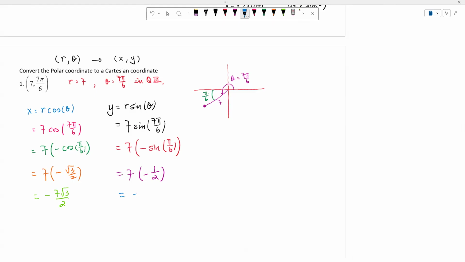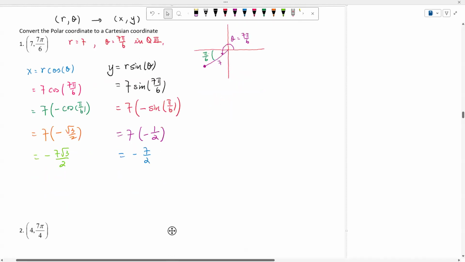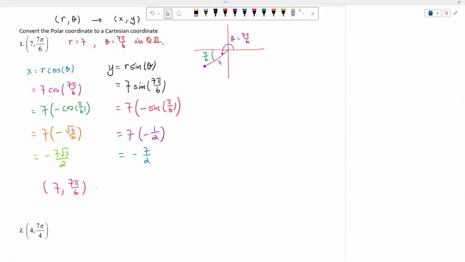The answer will be negative 7/2. Then, of course, we are done. After we convert 7 pi over 6 to Cartesian, it will be negative 7 root 3 over 2, negative 7 over 2.